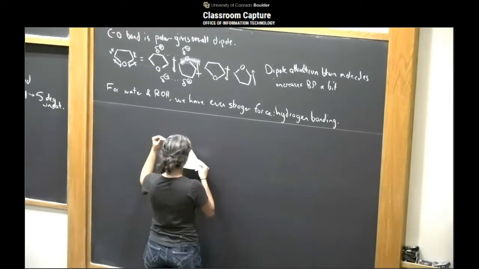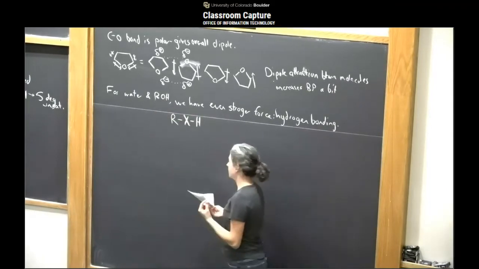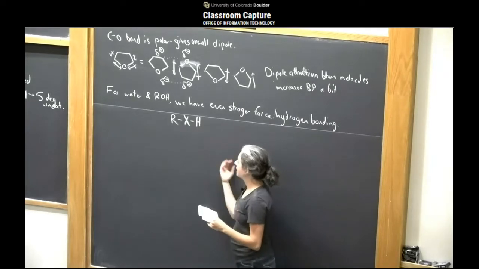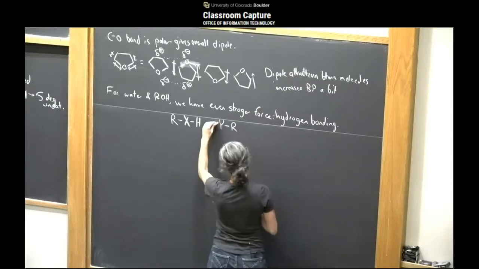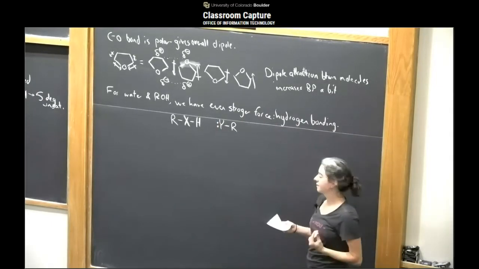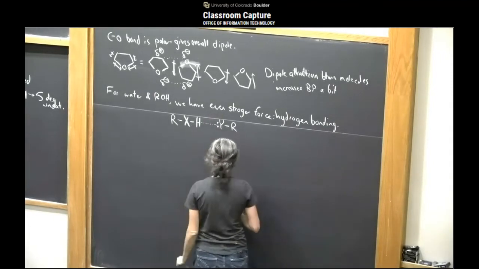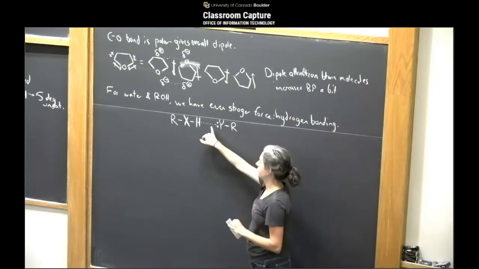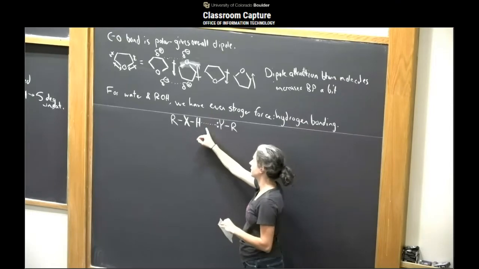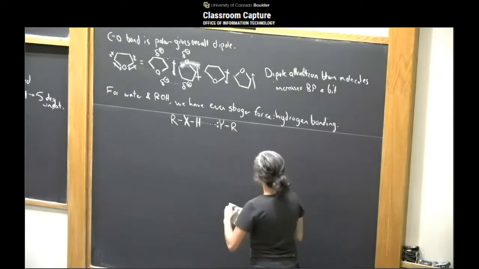The way we need to have hydrogen bonding set up is we have an R group with some XH functional group on it. And that's attracted to another R group with its own Y functional group on it. And so it's not a true chemical bond that's being formed. Think of this as sort of like a proton transfer reaction, like an acid-base proton exchange that gets a little bit of the way forwards and then stops when the H is split partway in between these two atoms.